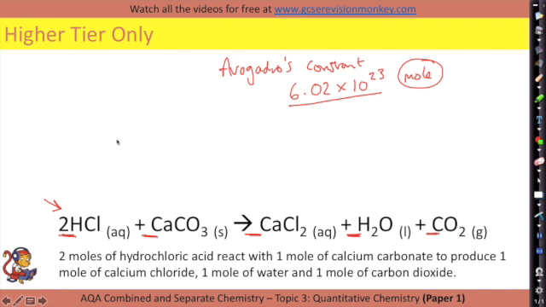Moles relate to relative formula mass in the equation that we'll talk about on the next slide. However, quite simply, the relative formula mass in grams is how much 1 mole weighs.